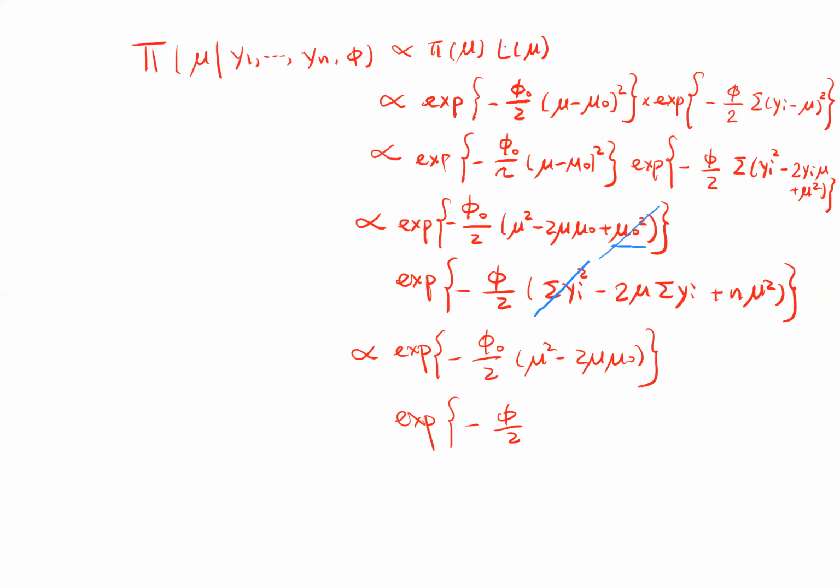Okay, so this is the place that you can do 2 mu and then n y bar, because sum of the yi is n y bar. And then lastly, you still have this term.